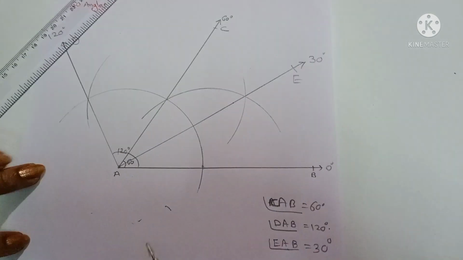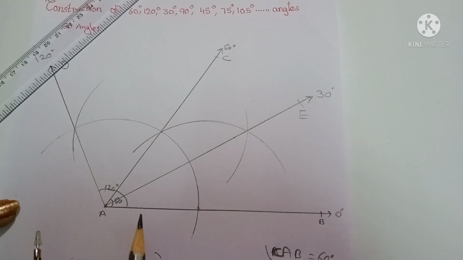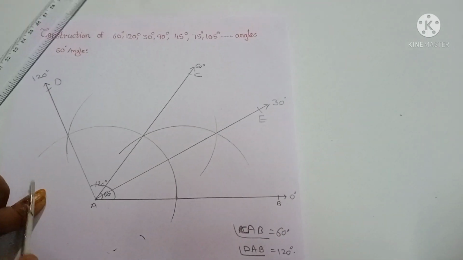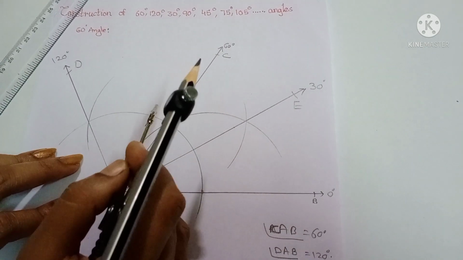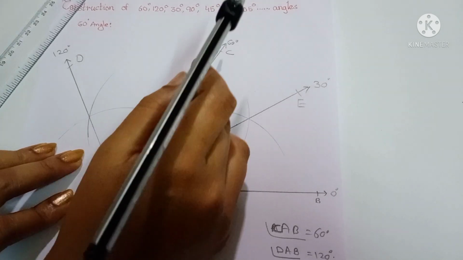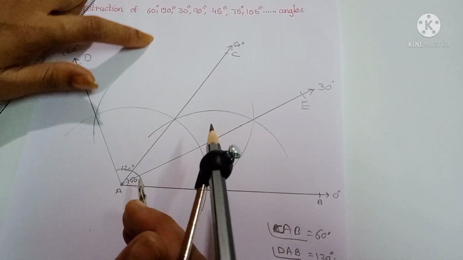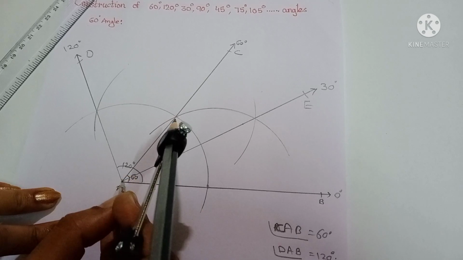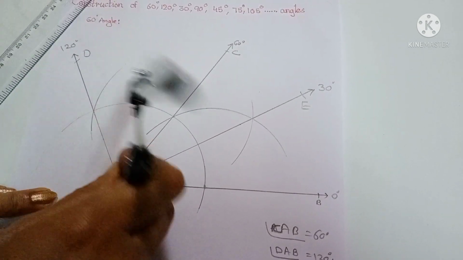Next, angle 90 degrees. We need to draw 90 degrees. How can we draw? We use the angle bisector of 60 and 120. This is 90 degrees. Don't change your radius.